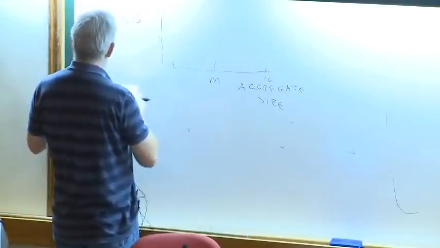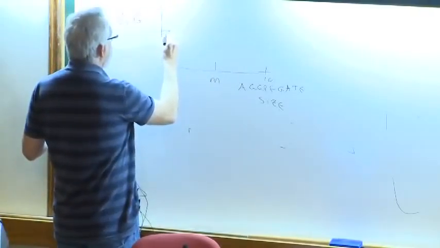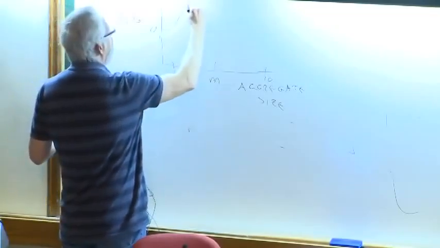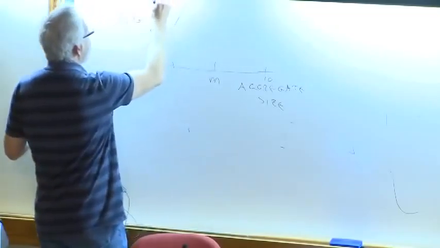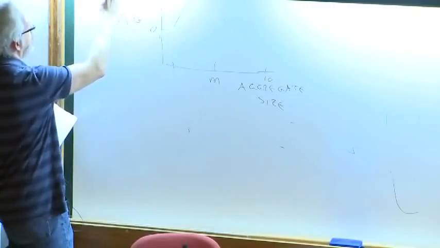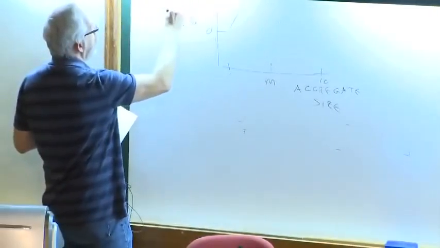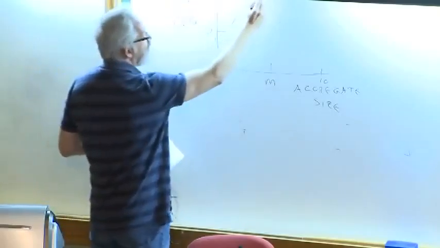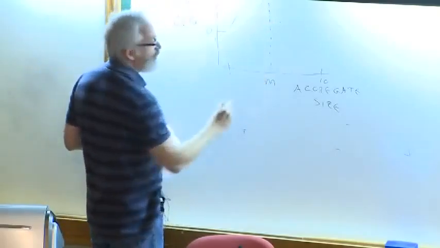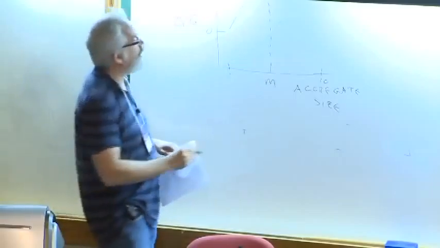So we measure everything relative to 1, and then there's a barrier here which is of the order of a few kilocalories per mole, maybe 1 to 2 or 3 kilocalories per mole, which has a metastable minimum at this nucleus size right here.